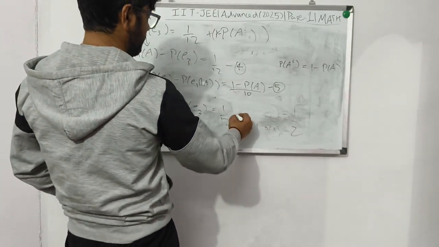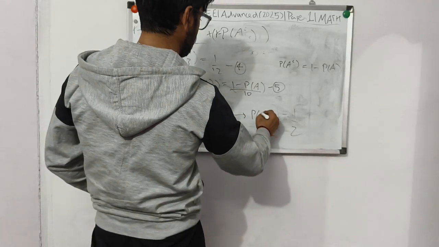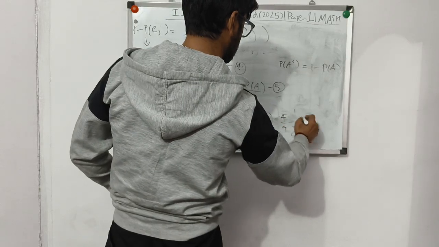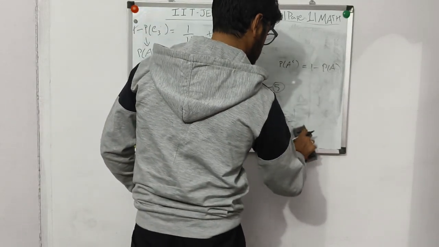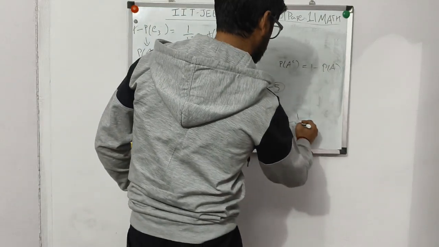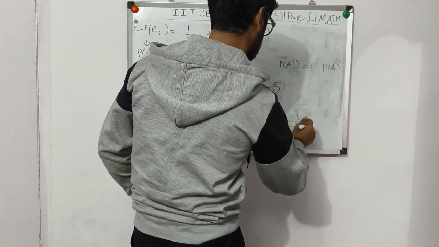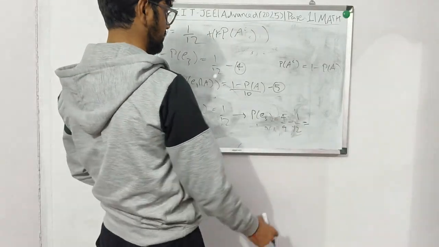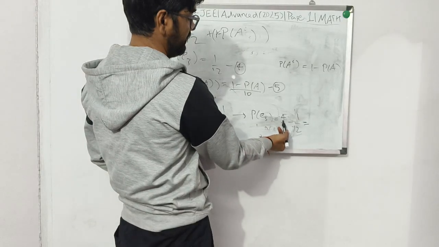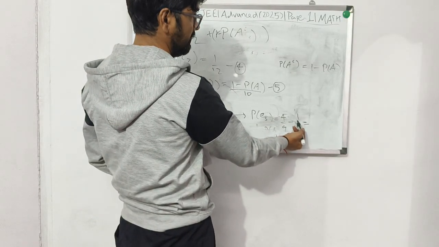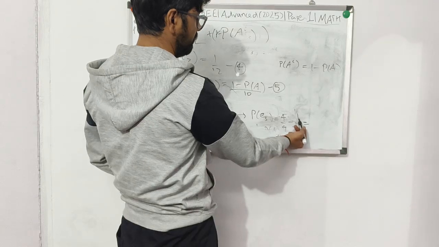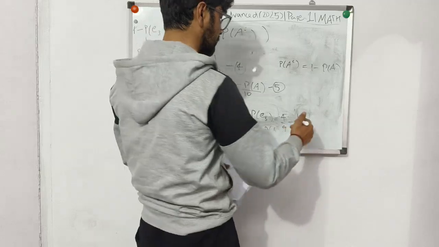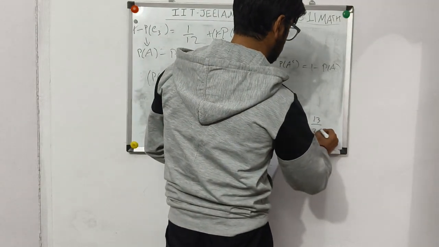And solving for P(E3), we get P(E3) equals 4 upon 9 minus 1/12. The common multiple of 9 and 12 is 36. So it will be 16 minus 3. That is 13 upon 36. And this is the answer.